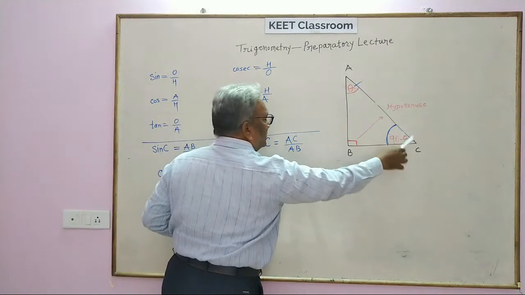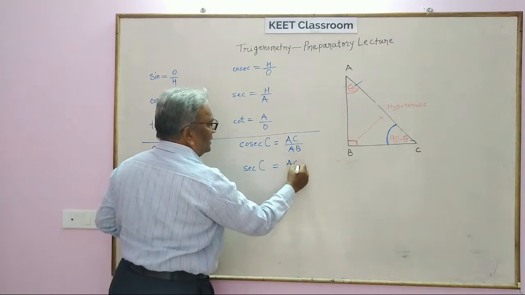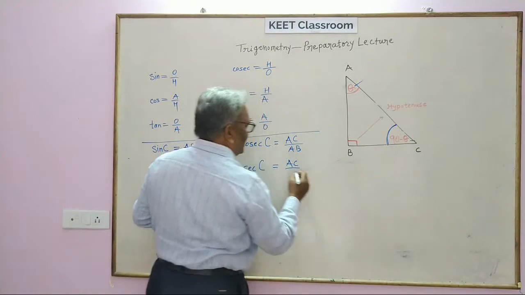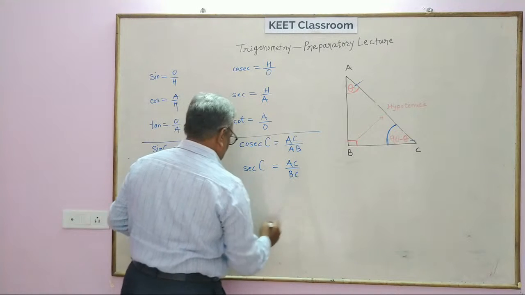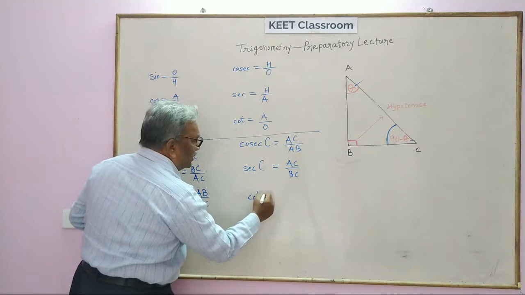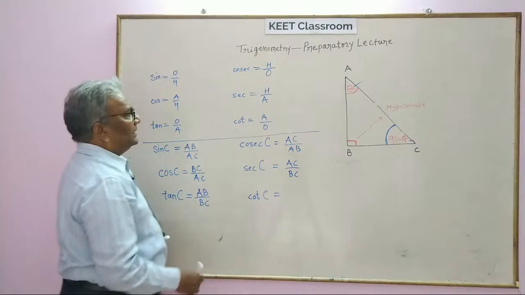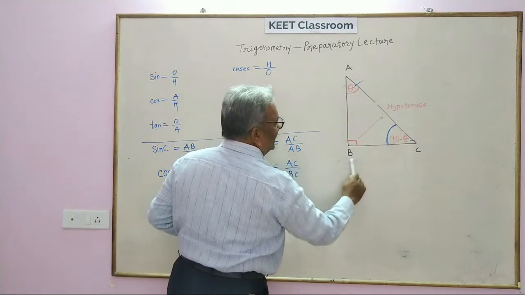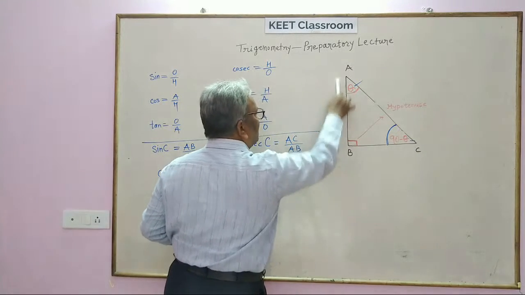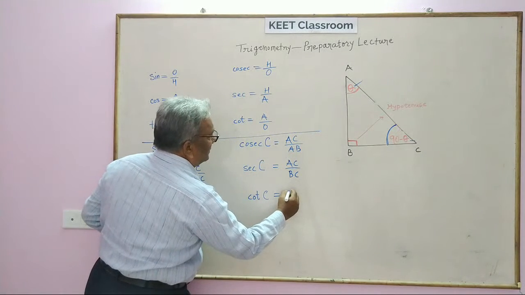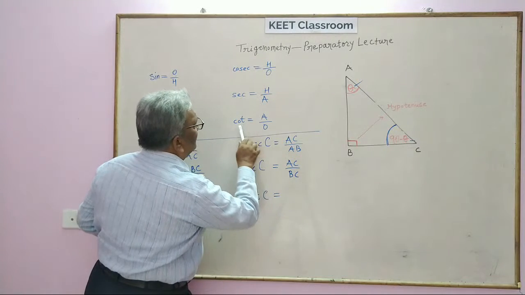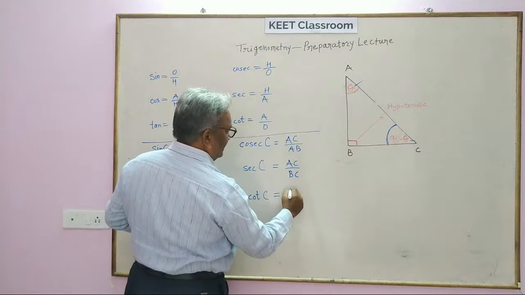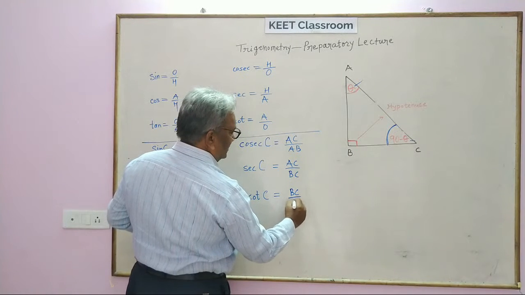So hypotenuse is AC, and for angle C, the adjacent side is BC. And then cot C, it is adjacent upon opposite side. So for C, adjacent is BC, opposite is AB. Cot C is BC upon AB.